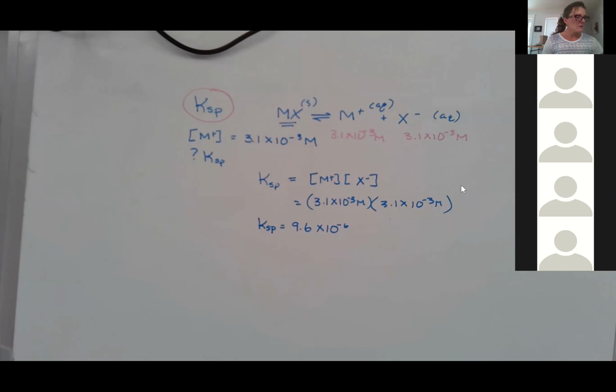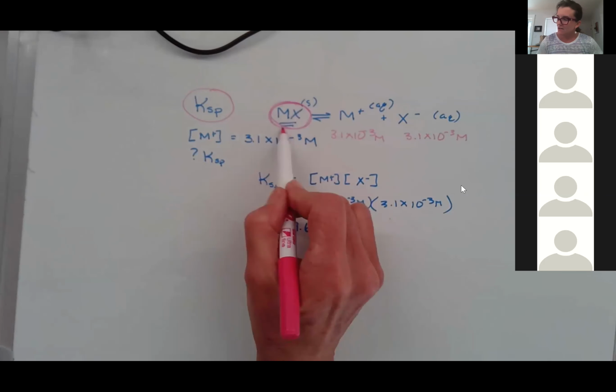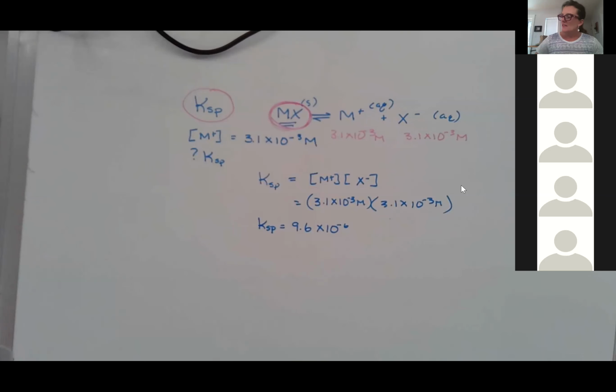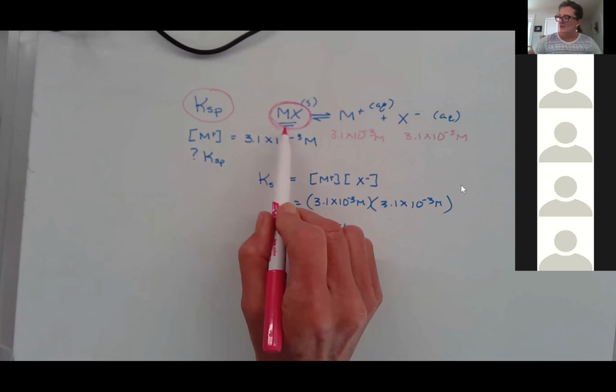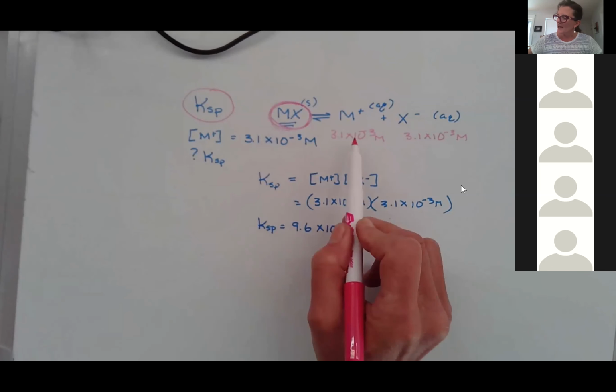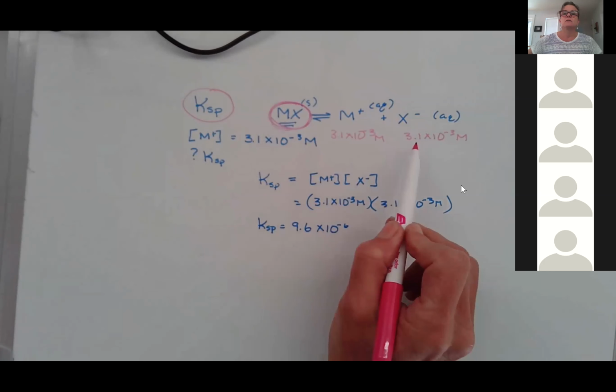So, Professor, can you explain how you know the anion has the same molarity as the cation? If we make the assumption that all of it came from this getting dissolved, then they have to be the same, right? Every time an MX splits up, you get an M plus and an X minus.